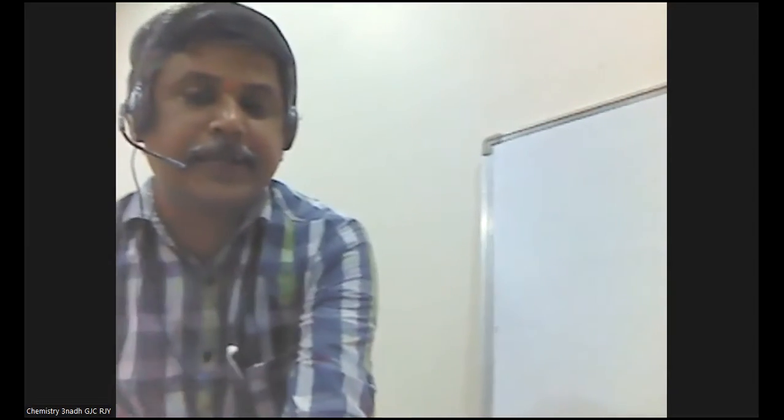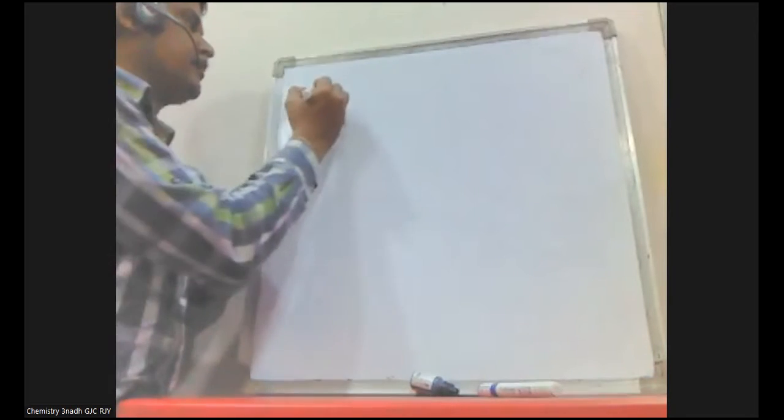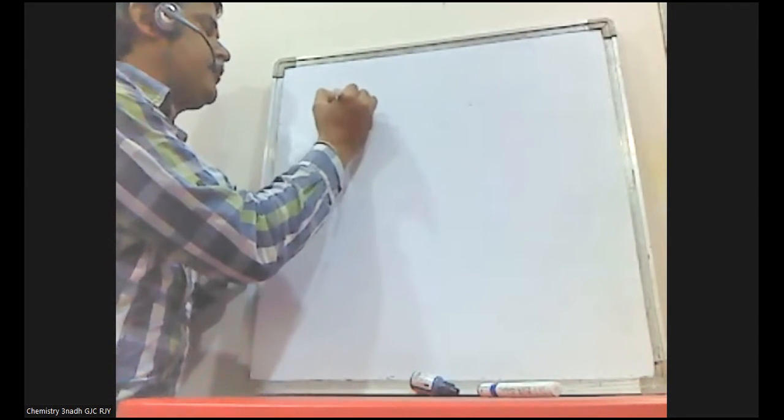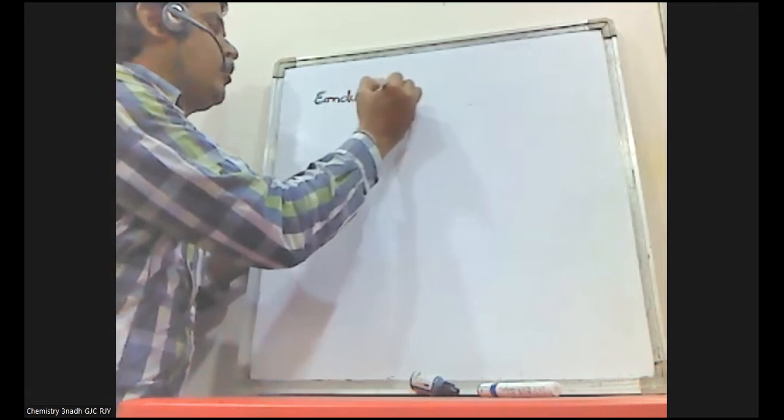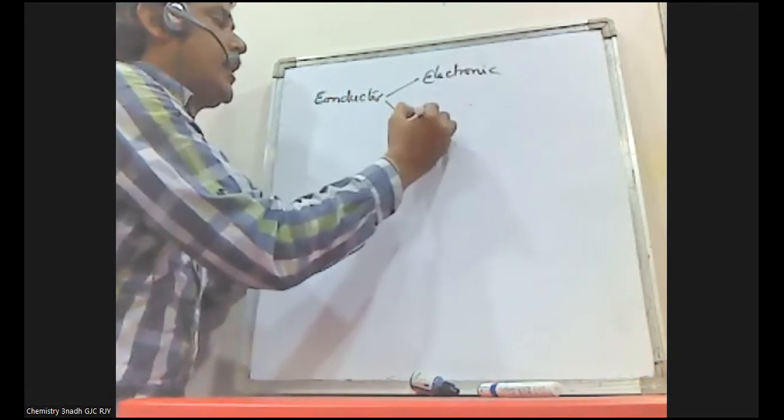Conductors are classified into two types: electronic or metallic conductors, and the second one is electrolytic conductors. One is electronic and another one is electrolytic.